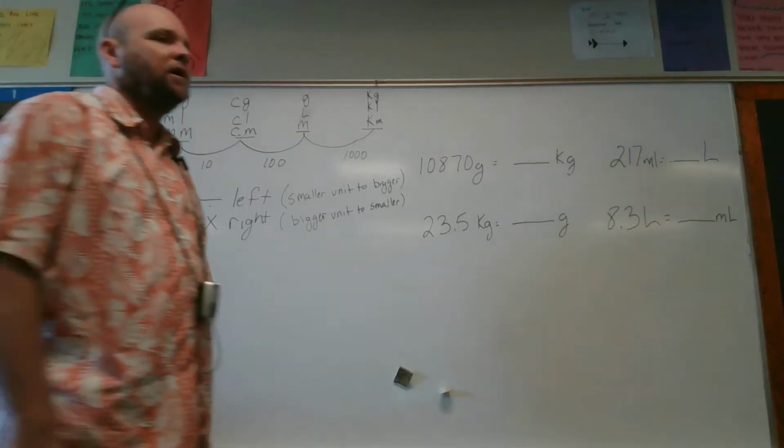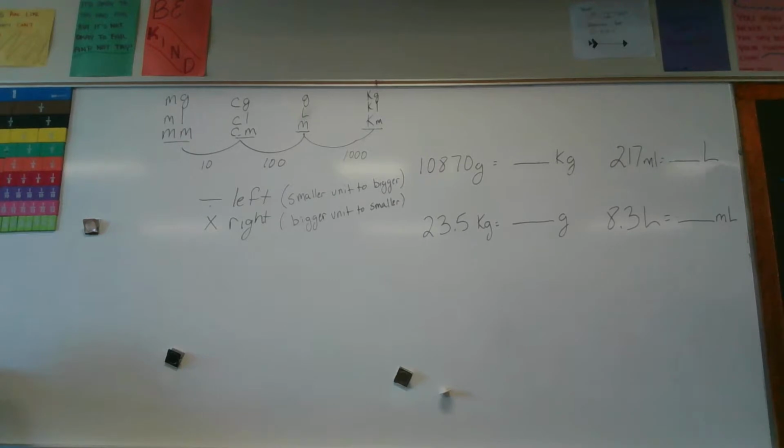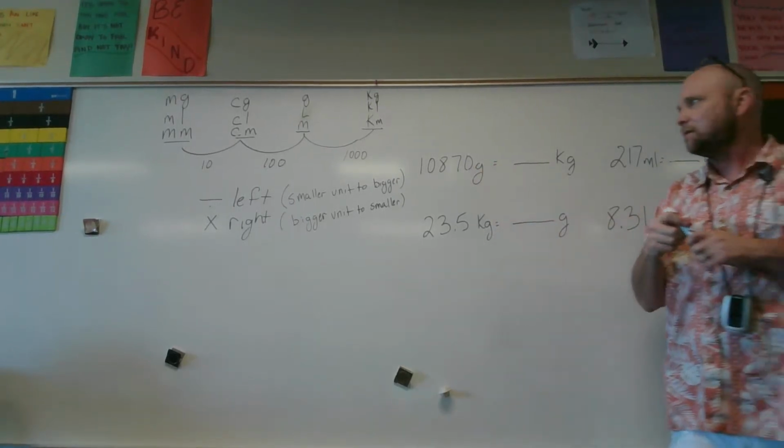But we have an issue. Megan, if we're going to move the decimal point, as I observe this problem, it does not appear to have a decimal point. Megan, what should I do? The decimal point goes after the ones place, which is in this number at the end.